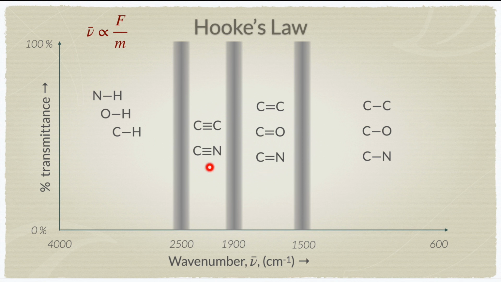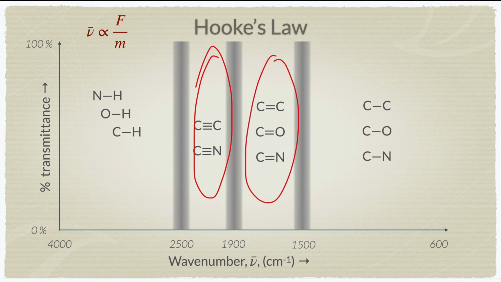Again, triple bonds are slightly stronger than double bonds. So here we can see, based on this relationship, because the bonds are stronger, they absorb at higher frequency, in this region and this region. So triple bonds will absorb at this frequency because they are stronger than the double bonds, and double bonds are stronger than the single bonds.